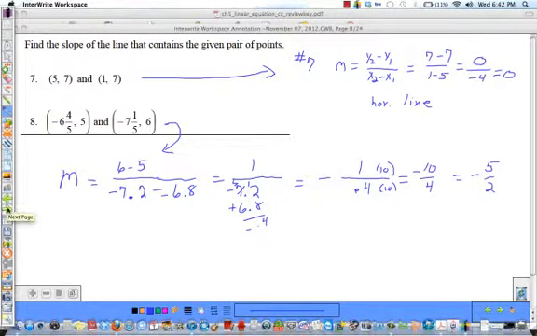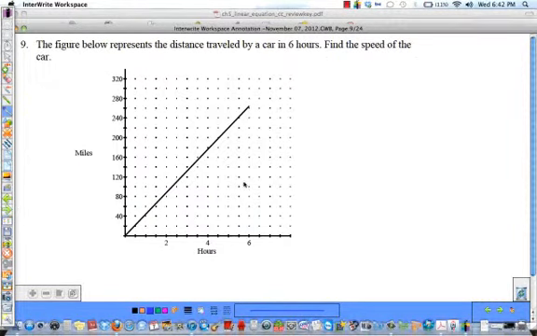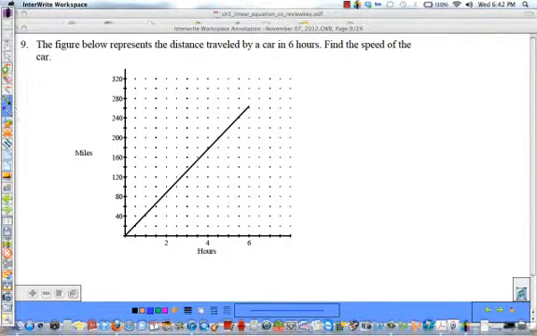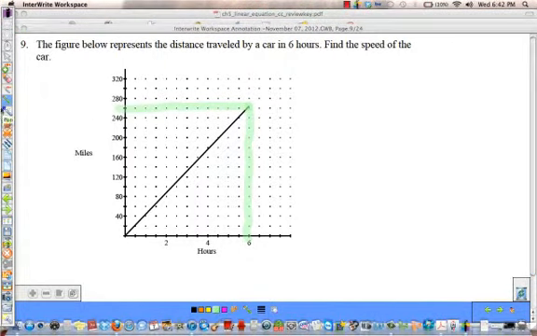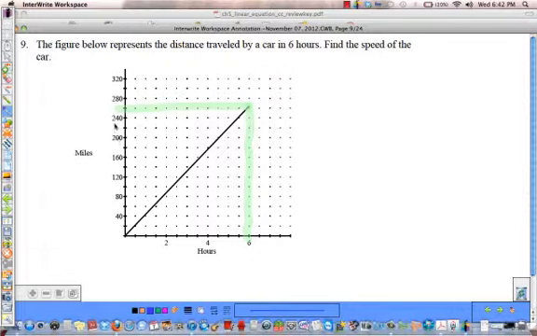Problem number 9. The figure below represents the distance traveled by a car in 6 hours. Find the speed of the car. Well, the hours, if we go straight up at 6 to hit the line, and then we go over to the miles, the units over on the left side are by 20s. So that would give us 260 miles in 6 hours.